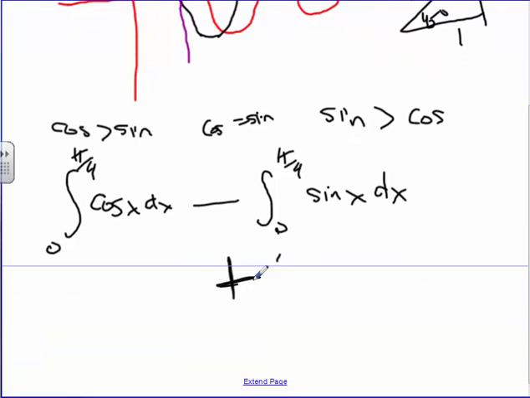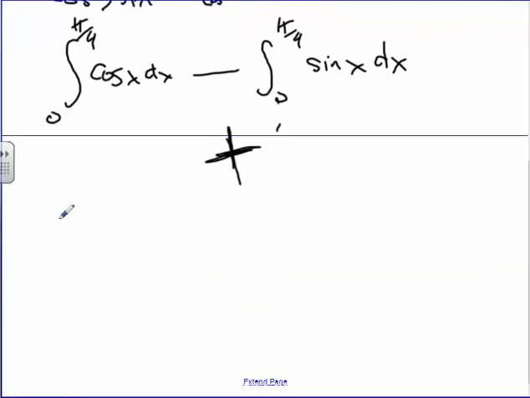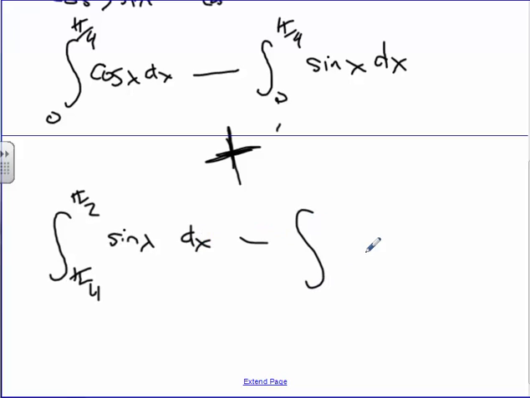Then to that, we need to add to this the second section, which is from pi over 4 up until pi over 2. But in this example here, now sine is bigger than cosine. So I actually have to change this around a little bit.